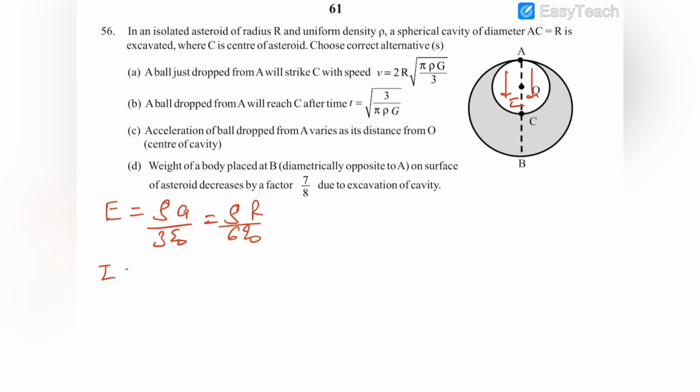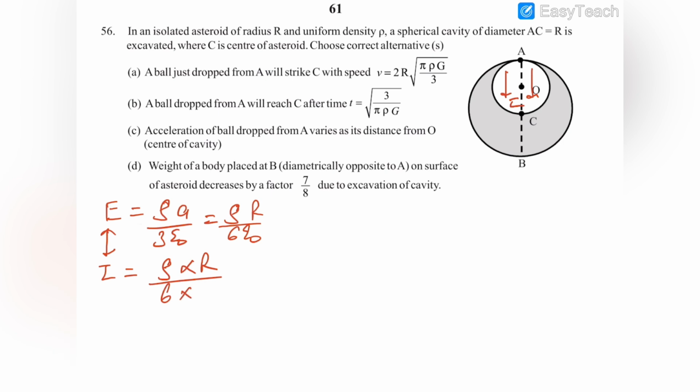And if we wish to convert this formula into gravitational field intensity, which is the analogous quantity in gravity to electric field, we can write the mass density rho and r in the place of r by 6.